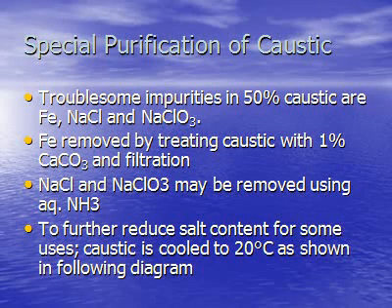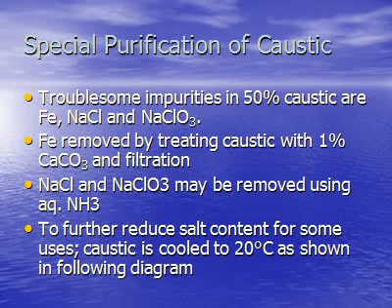In the step of special purification of caustic, the trace impurities in 50% caustic are iron, and salts such as sodium chloride and sodium perchlorate. Iron is removed by treating the caustic with 1% calcium carbonate and filtration. Sodium chloride and sodium perchlorate may be removed using aqueous ammonia.